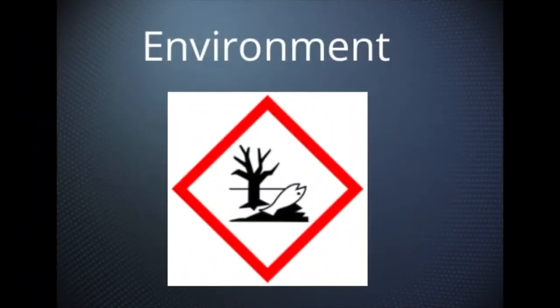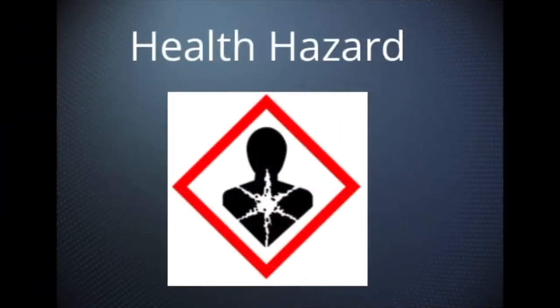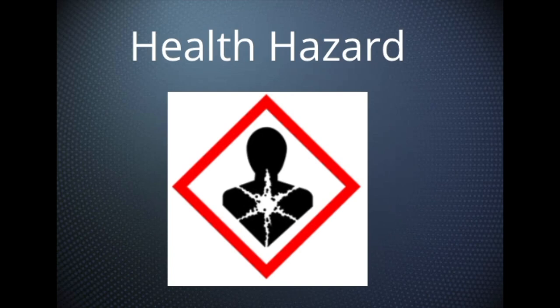The environmental pictogram, which is non-mandatory, is used for aquatic and ozone toxicity. The pictogram of the person with a hole in their chest is used for products that may cause a variety of health effects, including serious eye and skin damage and irritation, allergy and asthma symptoms, genetic defects or infertility, cancers, and organ damage.